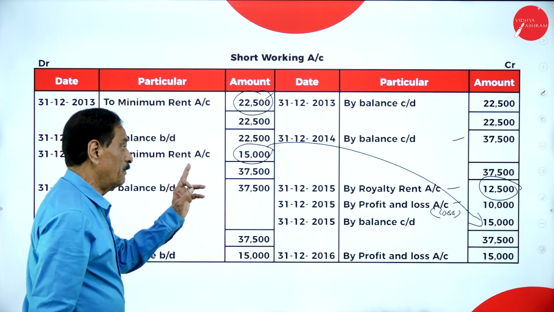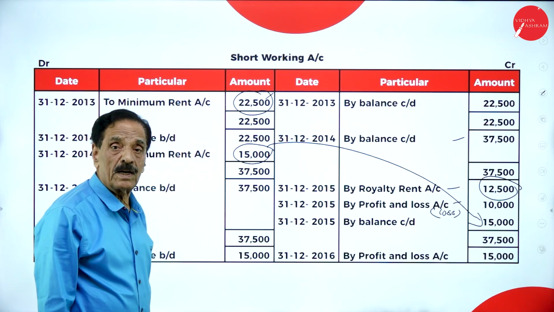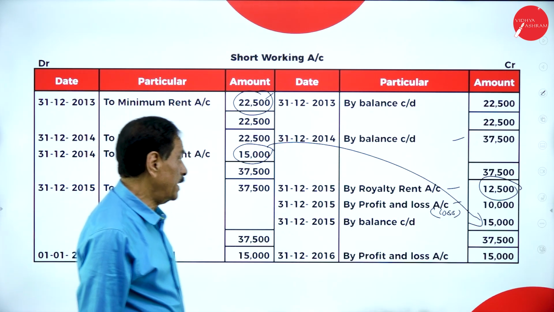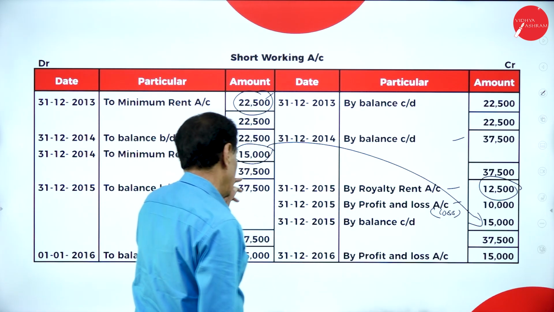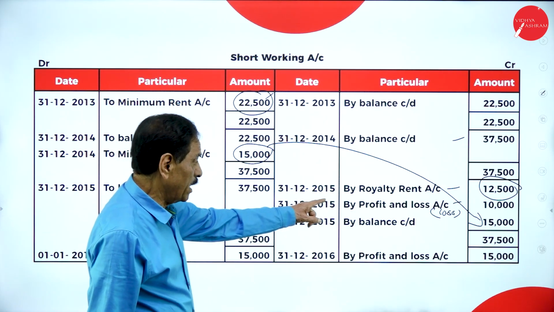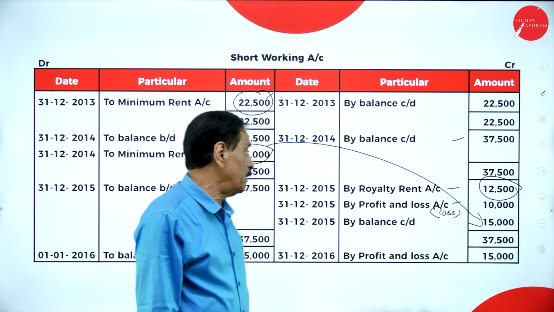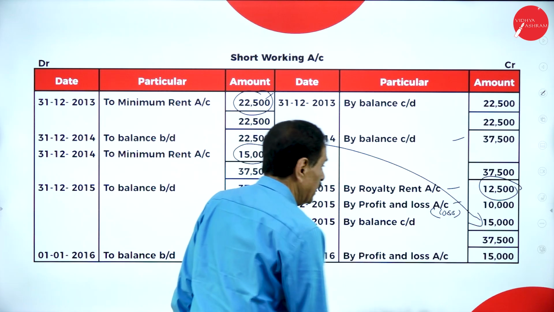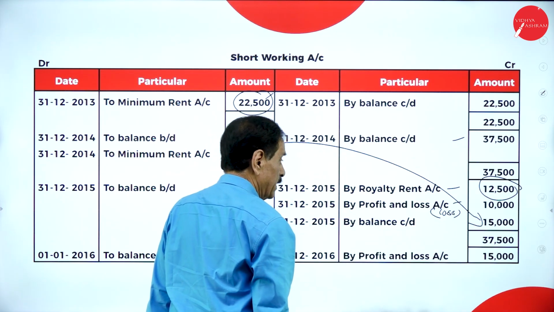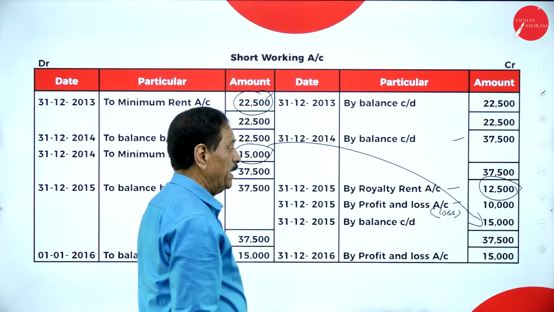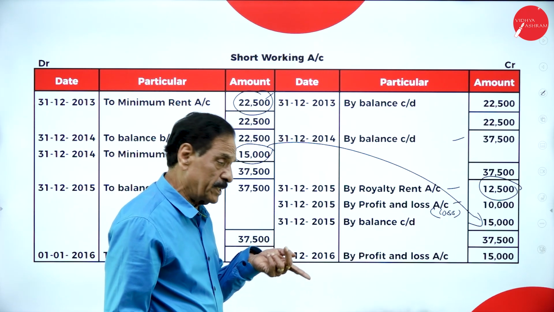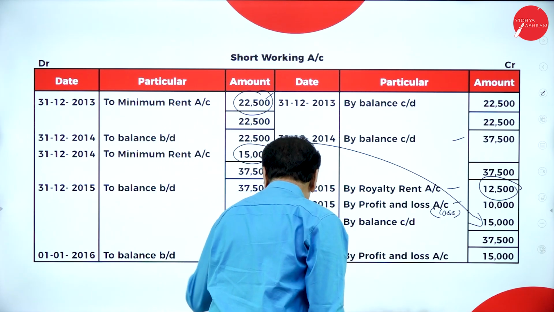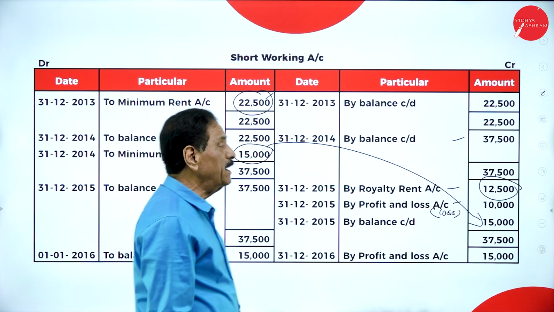Second year shortage is 15,000. What's the total shortage? 37,500 by balance carried down, brought down 37,500. Royalty is more. You recovered how much? 12,500. How much could not be recovered? 10,000. This 15,000 should be recovered in the next year. To balance which could not be recovered, transfer to profit and loss account.